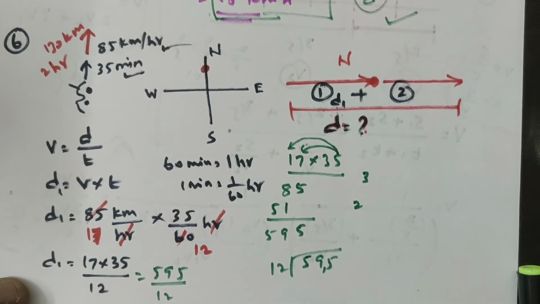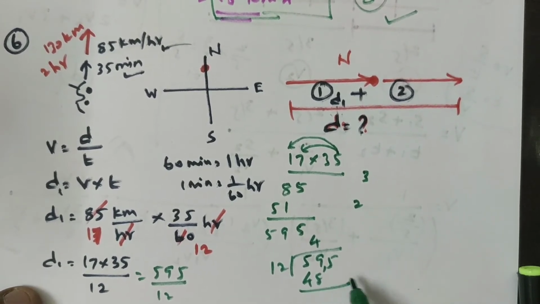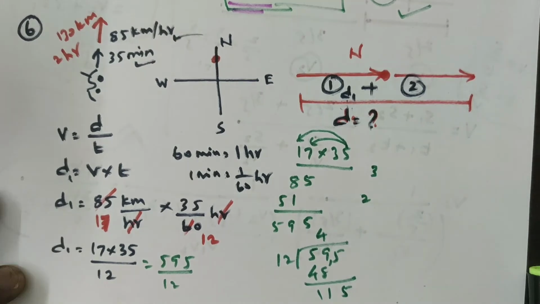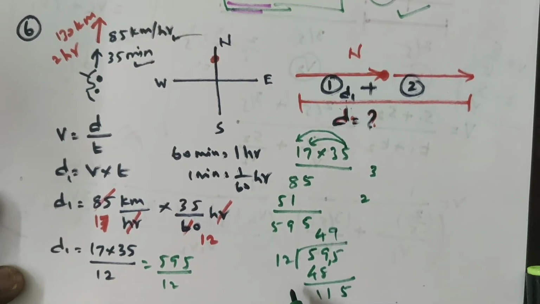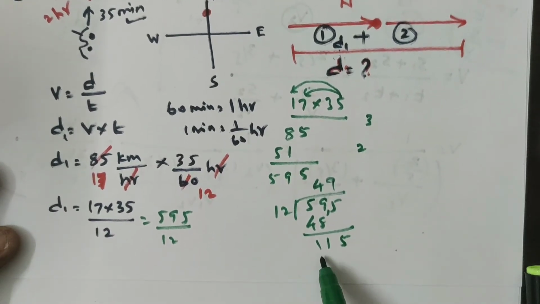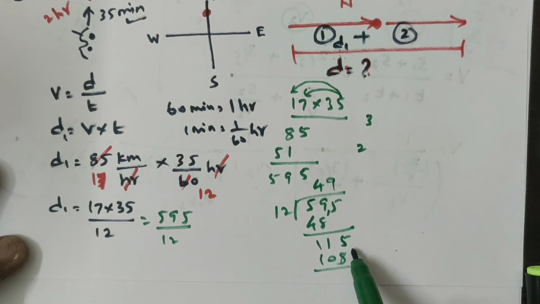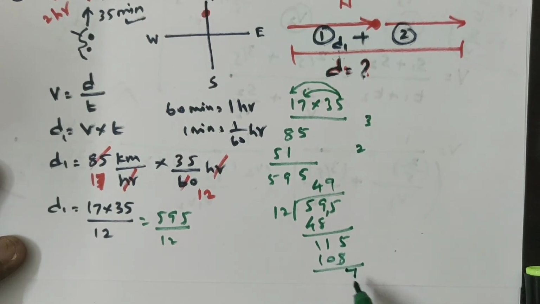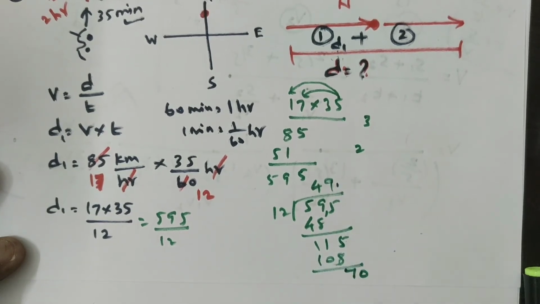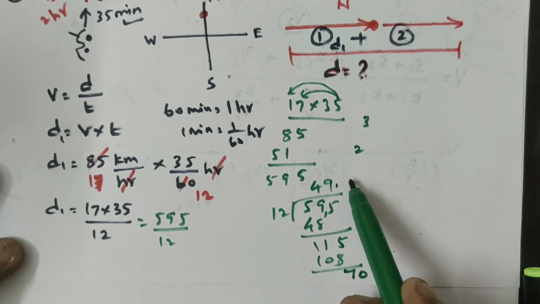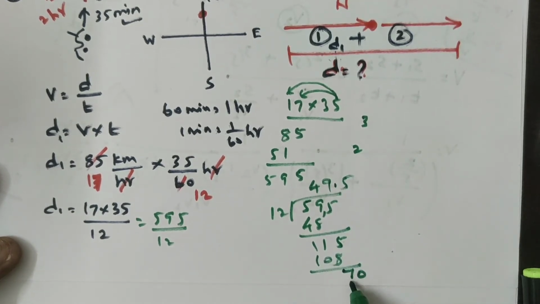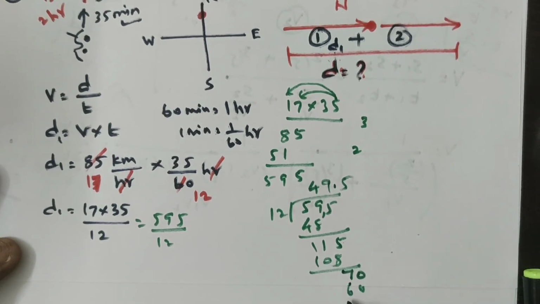So let's take 59, 4 times, that is 48. The remaining is 11. Then 9 times: 9 into 12 is 108, the remaining is 7. Add a decimal point and 0. 5 times will come, 5 times 12 is 60, the remaining is 10.